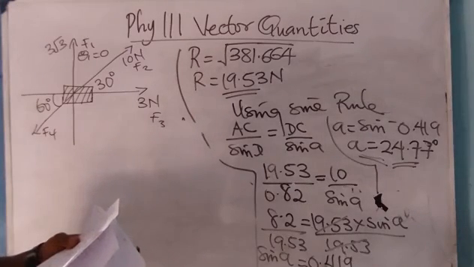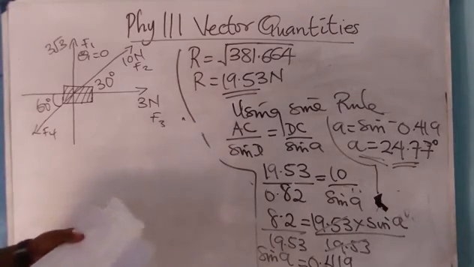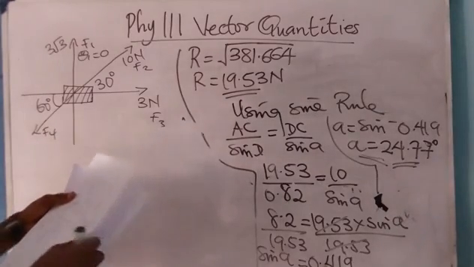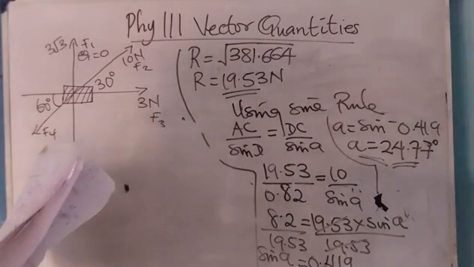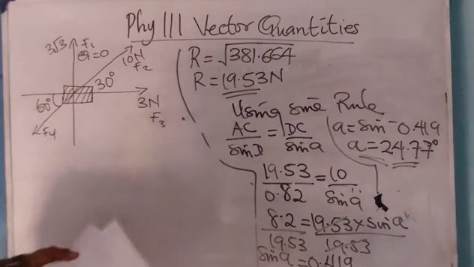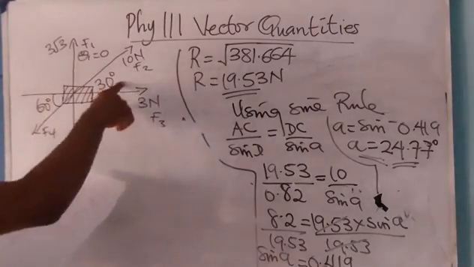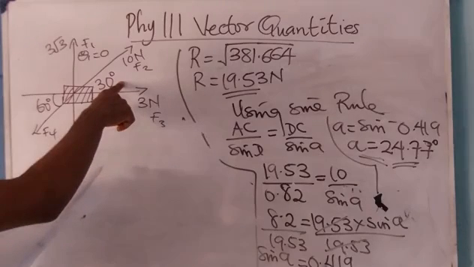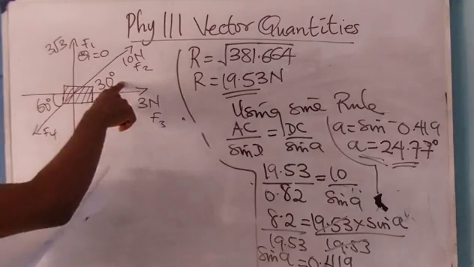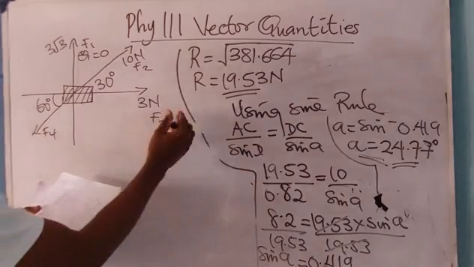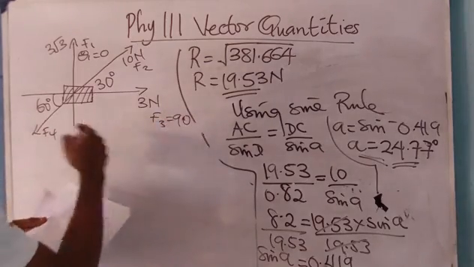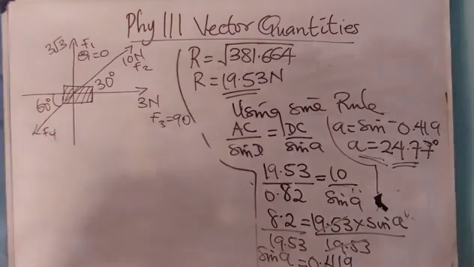Okay, is it 0 and 90? That is, F1 is 0, F2 is 30, F3 is 90 degrees, then F4 is 60 degrees. Now calculate their resultants.